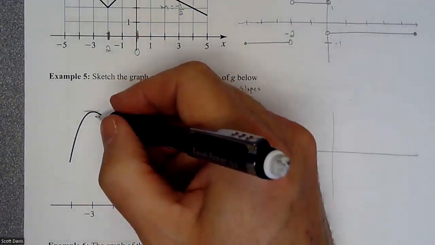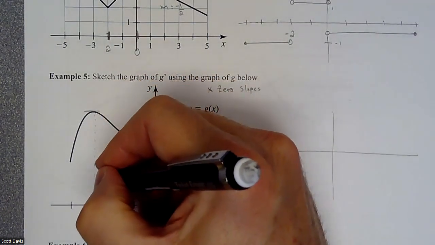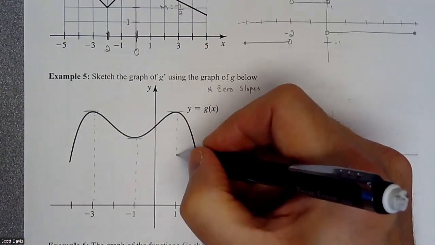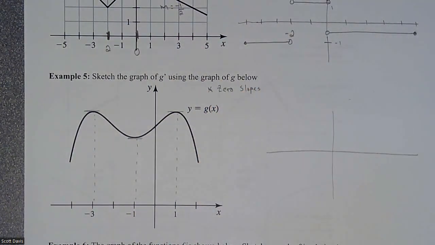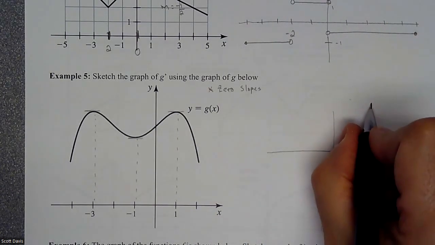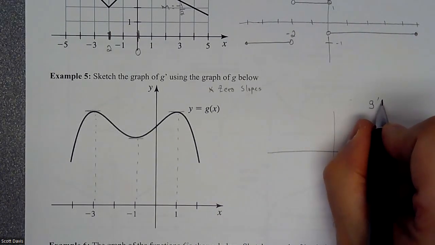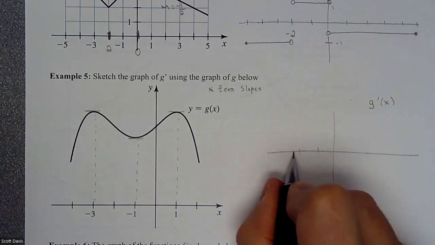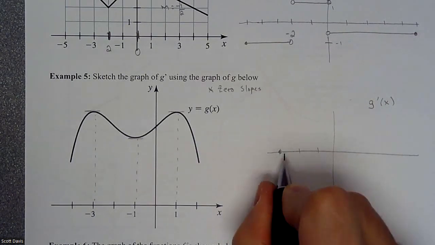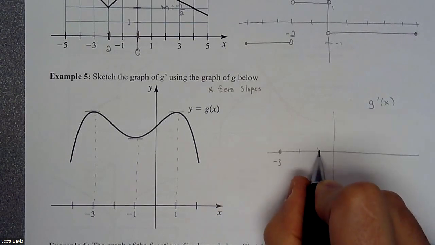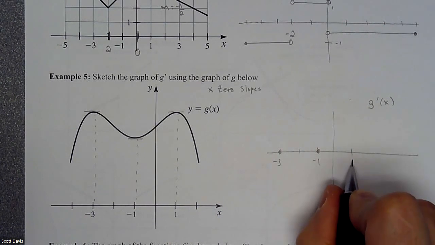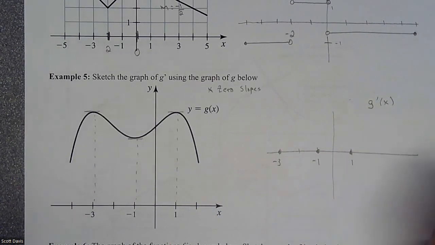And so at -3, -1, and 1, those are slopes of 0. If this graph is a graph about slopes, then at -3, we have a slope of 0. At -1, we have a slope of 0. And at +1, we have a slope of 0.